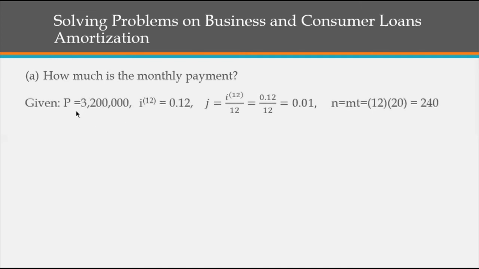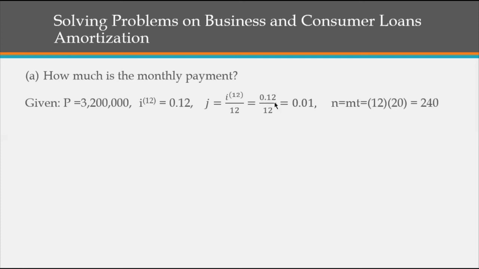So, ang given natin ay P, yung 3,200,000, yun yung natitira. Then we have the interest rate of 12% or 0.12. So, para makuha natin yung J, so yung i over monthly or divided by 12.